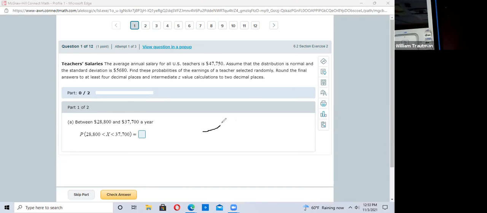So if we draw this normal curve, we know the average salary is 47,750.